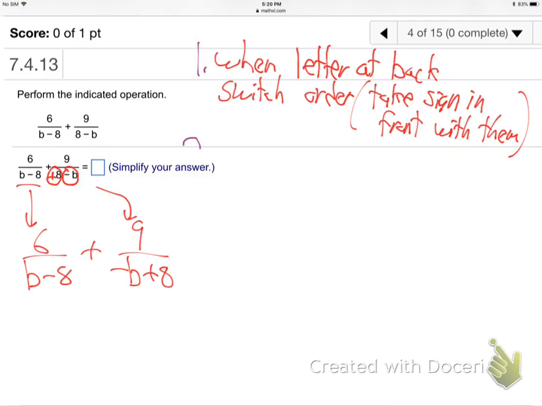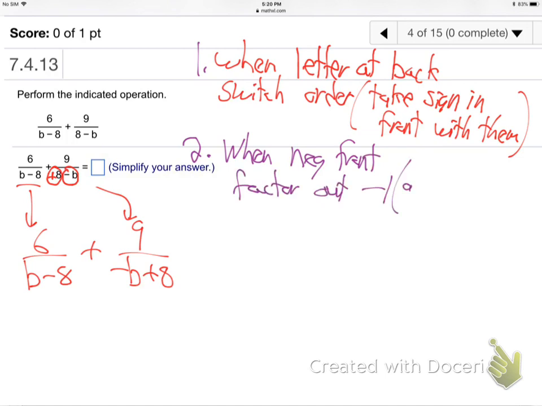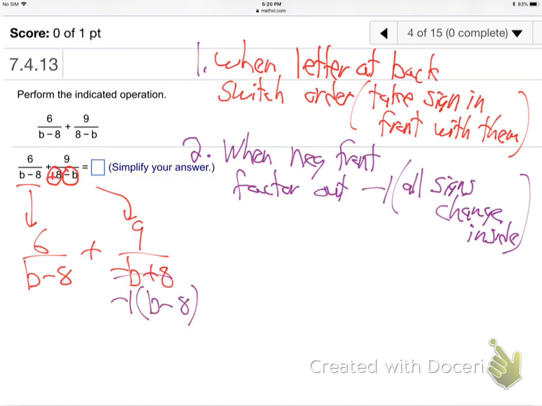So that's step 1. Step 2, when negative in the front, factor out -1, all signs change inside, don't they? So this piece right here, I'll take out the -1, it becomes b minus 8, right?